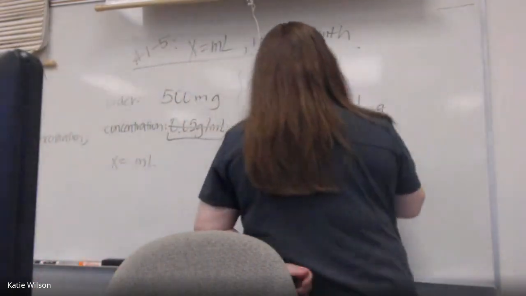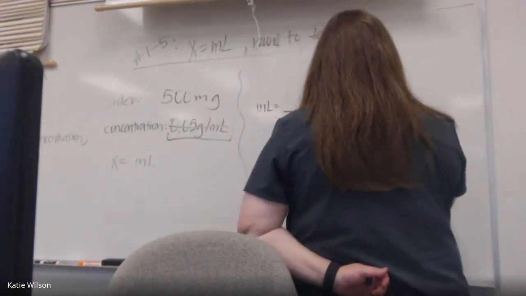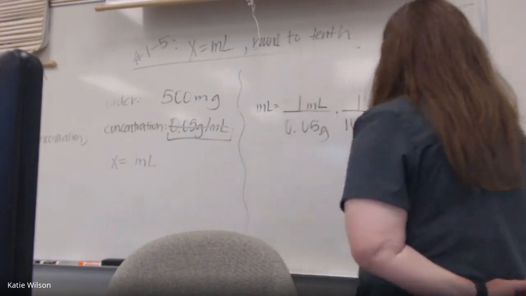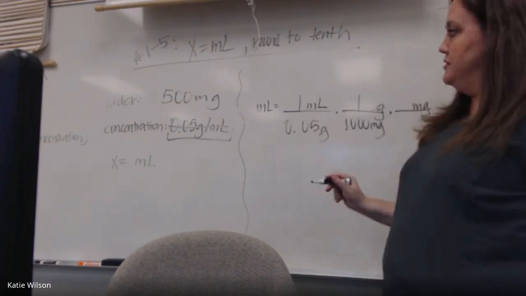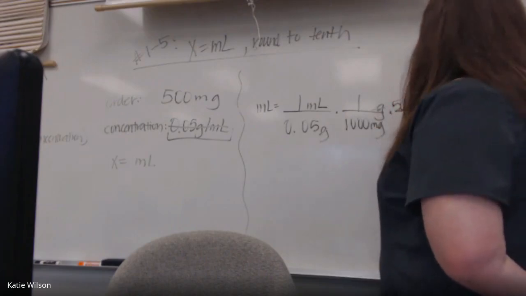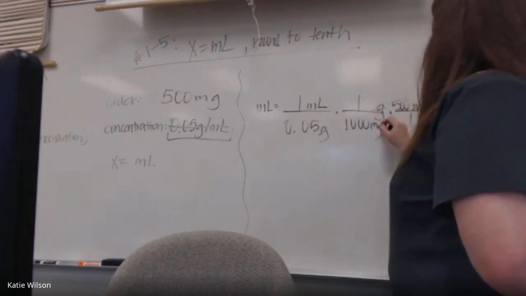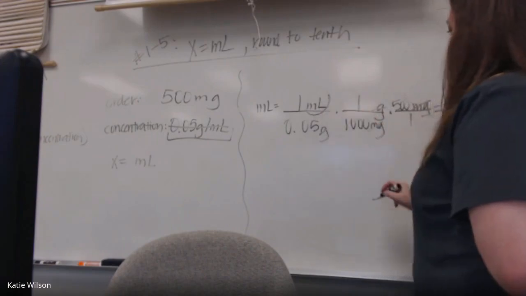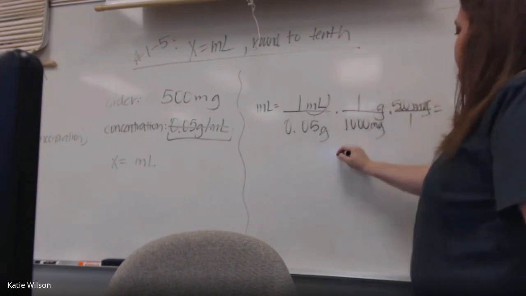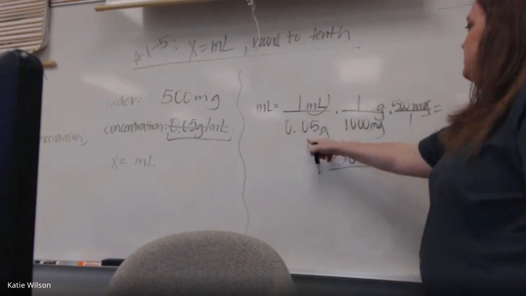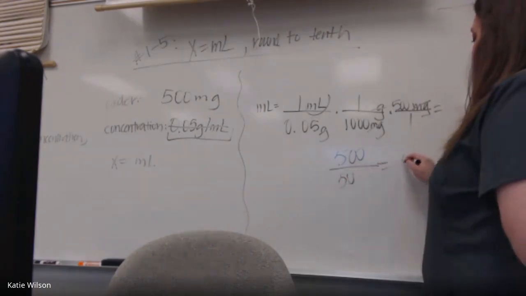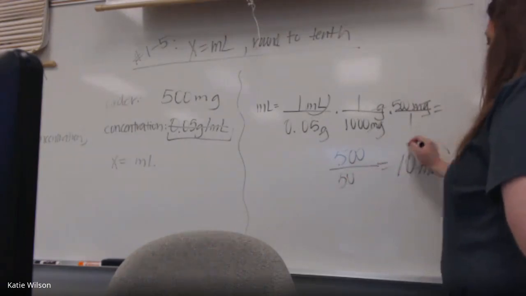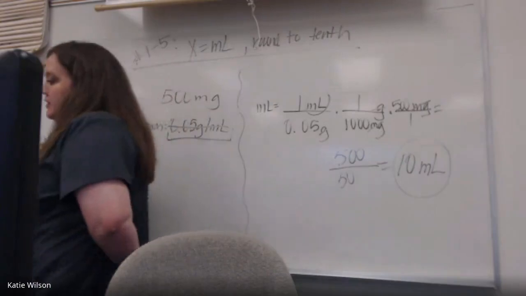So I know that 1 gram is how many milligrams? Okay, so that cancels out grams. Now I want to cancel out milligrams, and I know that the doctor ordered 500 milligrams. Cancels out milligrams, milliliters are left on top. So I've got 1 times 1 times 500, over 0.05 times 1,000. And I'm left with 10 milliliters.